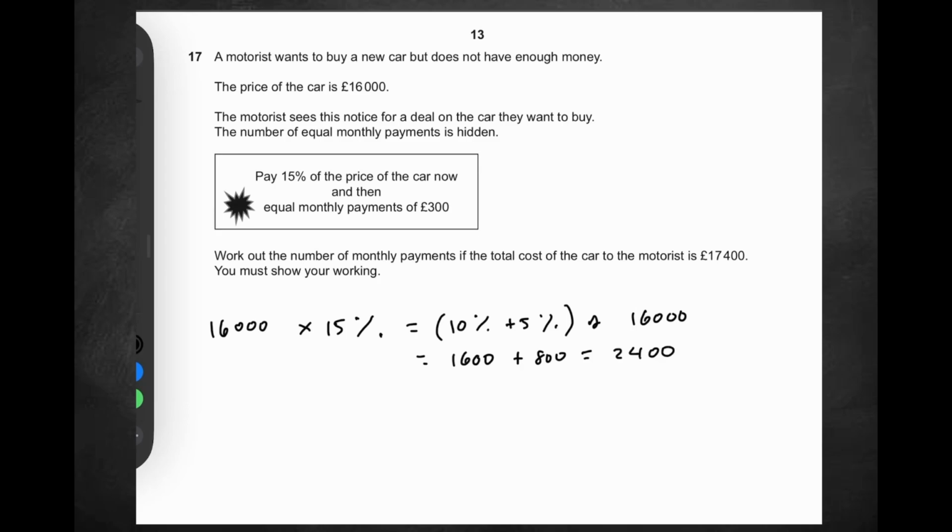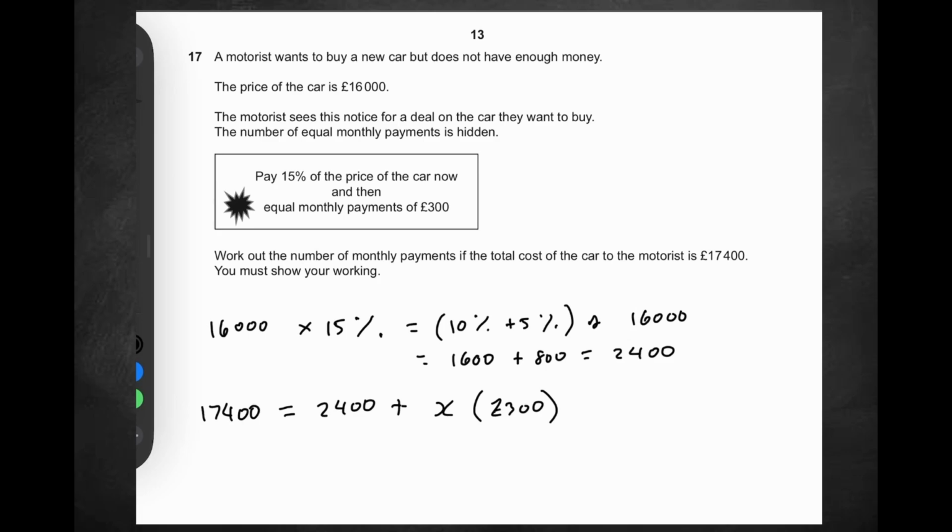So 2,400 is 15%. So we are told 17,400 is the total cost, which is going to equal 2,400 plus the number of monthly payments, which we're going to call X, multiplied by £300.